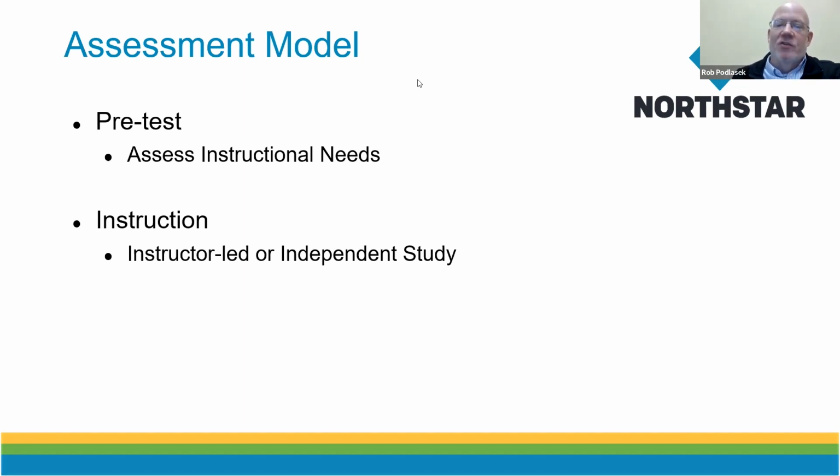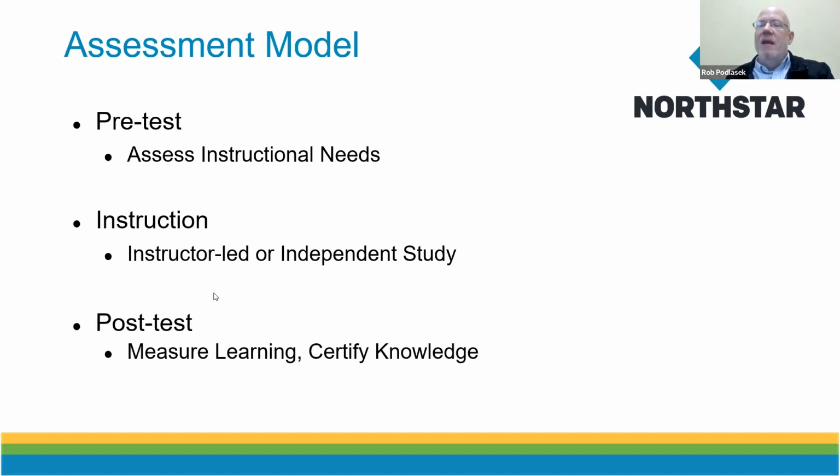They might have the skills to go to a YouTube video or other web resource, but somehow after they get that pre-test, figure out what they know and don't know. Then they'll do some instruction, and then they will post-test to measure that learning. And if they have gotten a high enough score, earn the certificate and move on to the next unit, or say, well, I need to do some additional study and go back and review that content. Okay, so pre-test, instruction, post-test.